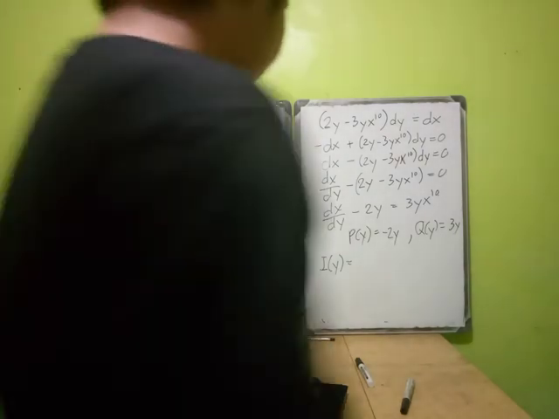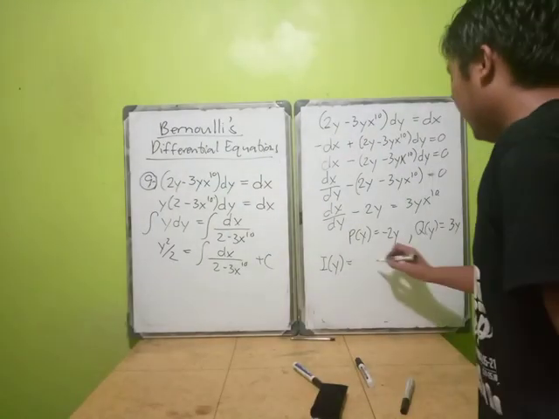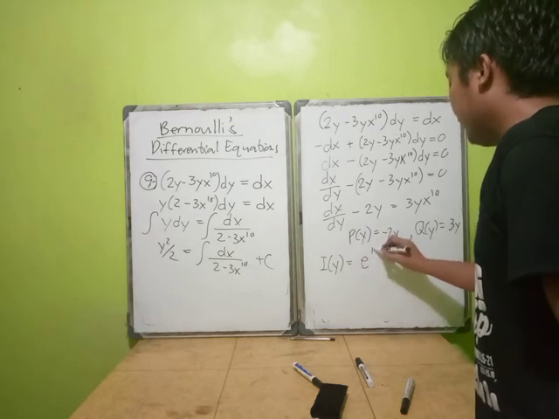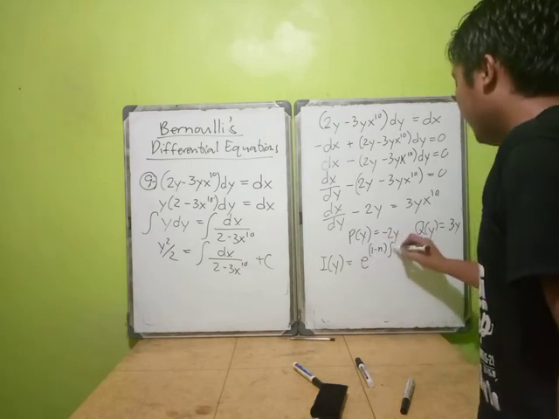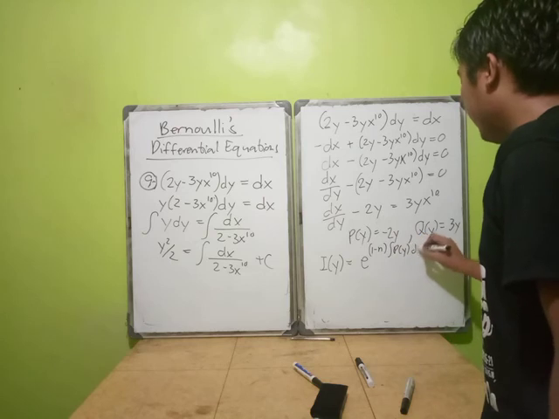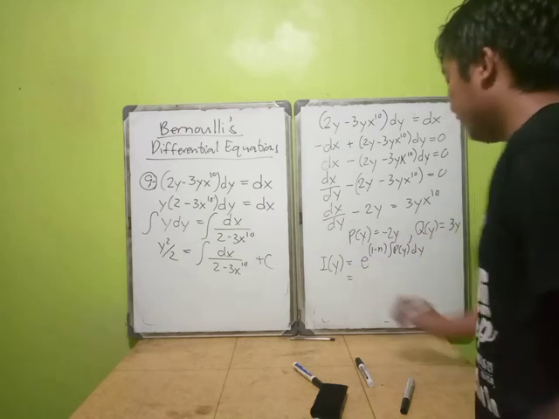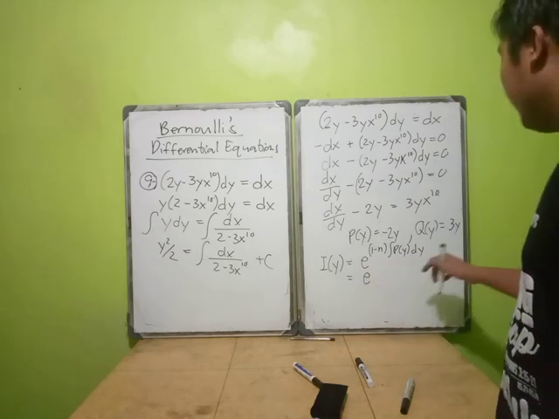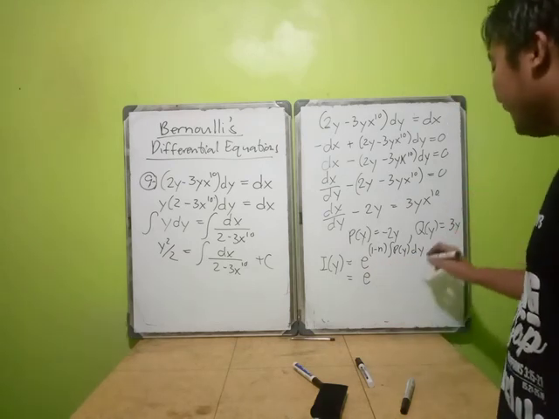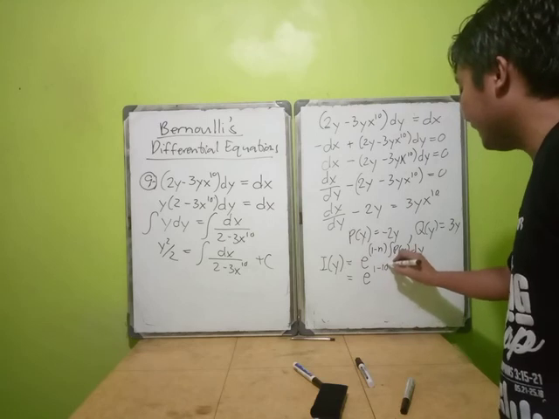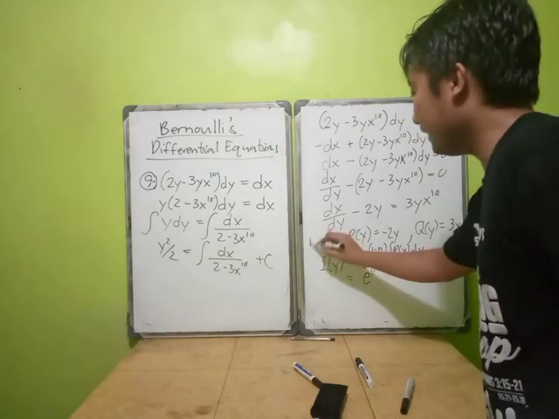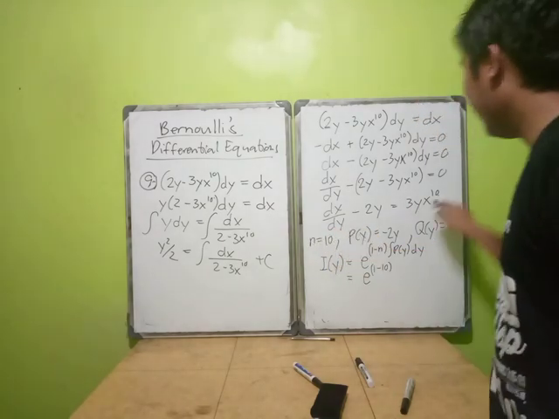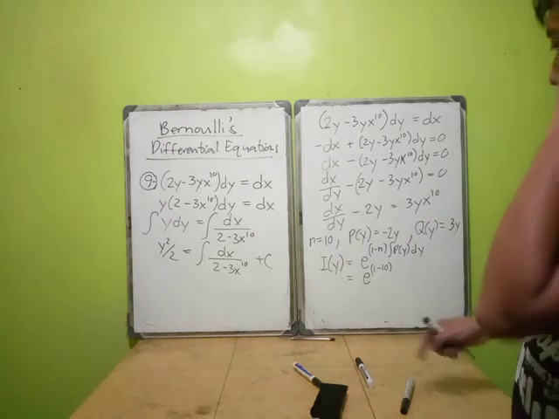Okay? So, I of y here is e to the 1 minus n p of y dy. So paano? So, magiging e to the power of anong n natin? So, ang n natin dito is 10. Okay? N is 10 here. Kasi katabi ni x to the power of 10. So, n is 10.